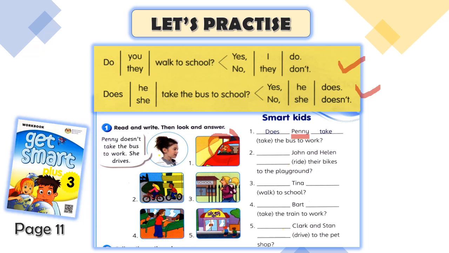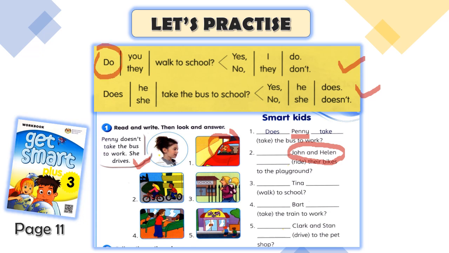So you will answer, Penny doesn't take the bus to work. She drives. Let's look at number 2. John and Helen, singular or plural? Do or does? Plural, so we use do.